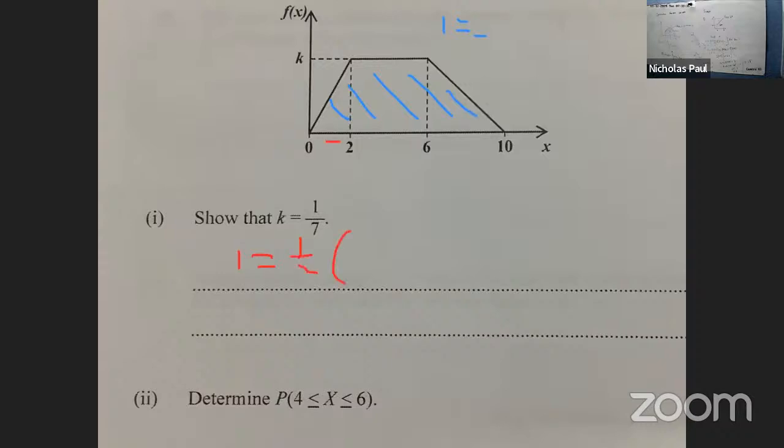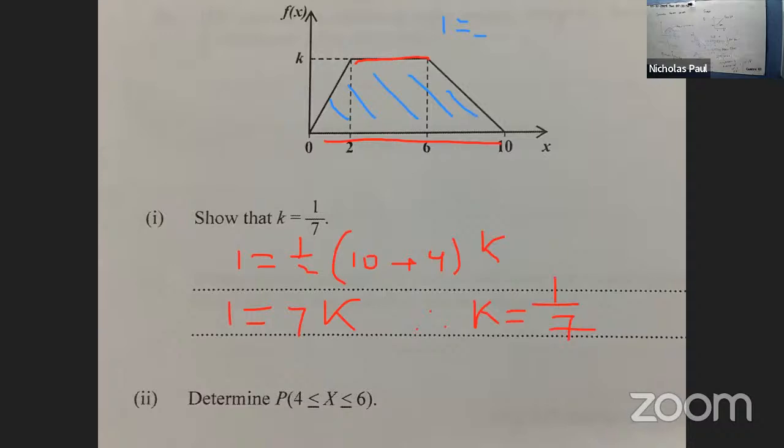The parallel sides are 10 plus this side here, which is 4, and the height is k. So half of 14k is 7k. So k is 1/7.